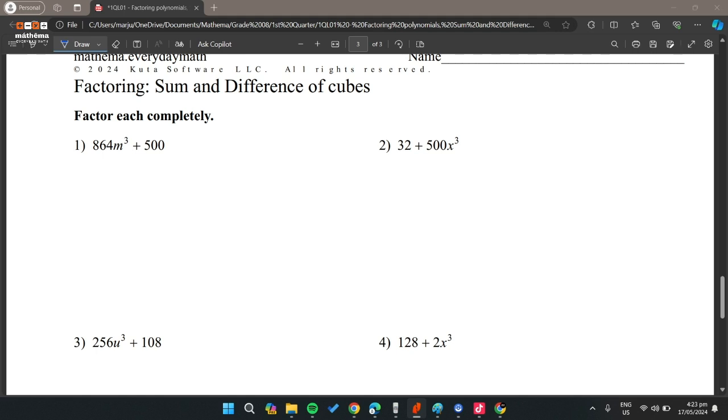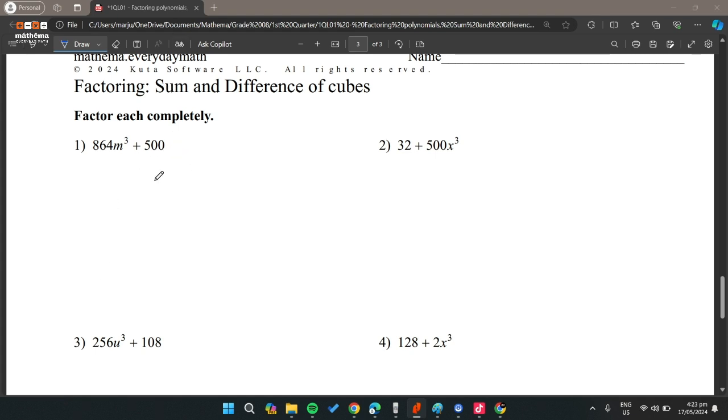Levi, do you have any idea? How do we factor this one out? Alright, now, what we're going to do is we'll try to find first the factors of 864 and then 500.